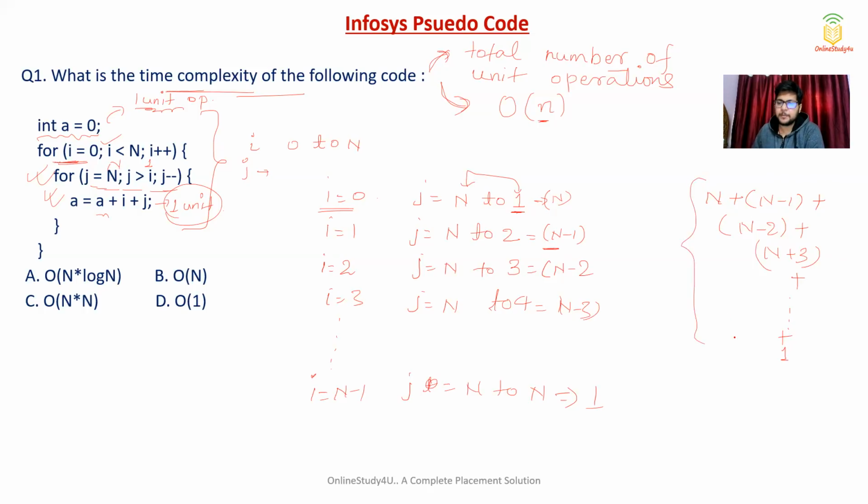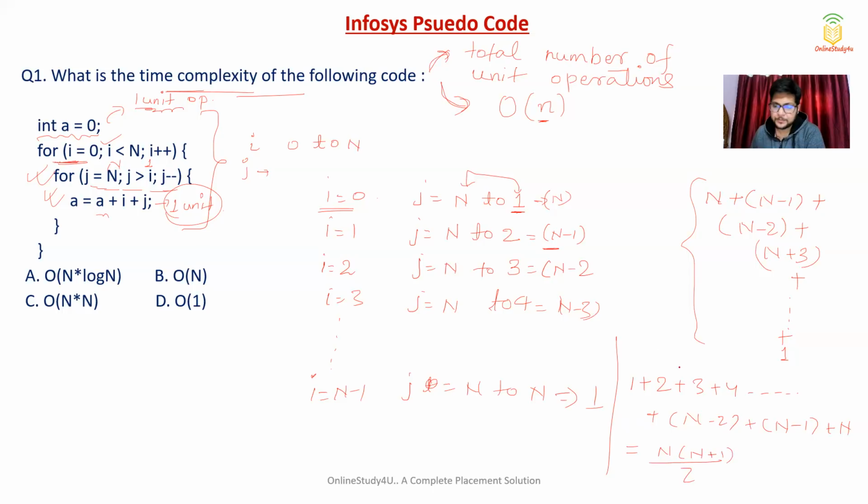So this looks very familiar to me. I'll just write it in some other way: 1 plus 2 plus 3 plus 4 dot dot dot plus n minus 2 plus n minus 1 plus n. This is the sum of n natural numbers, and we have read in AP that it is n into n plus 1 by 2.